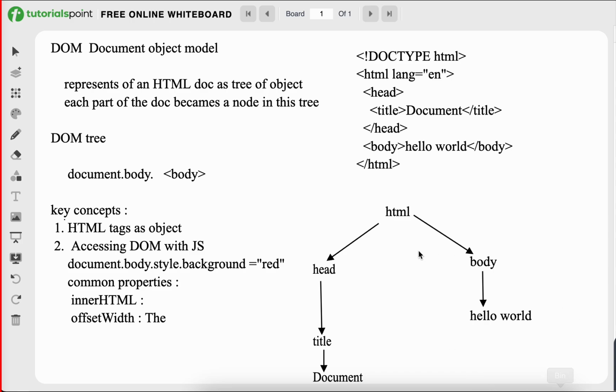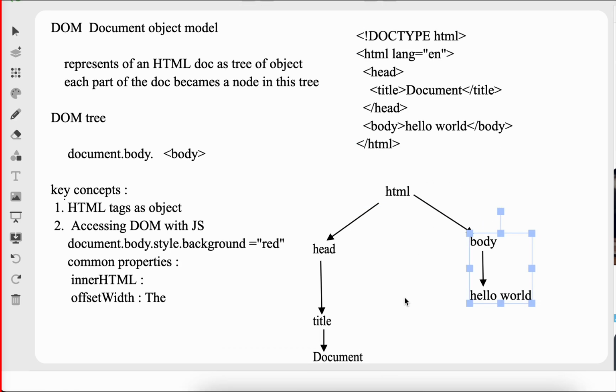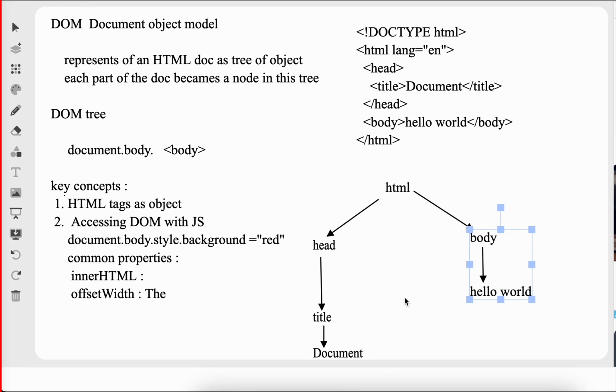You can see HTML, head, title, and body, we have the tags. And there are the text nodes. What are text nodes? They represent the text content.